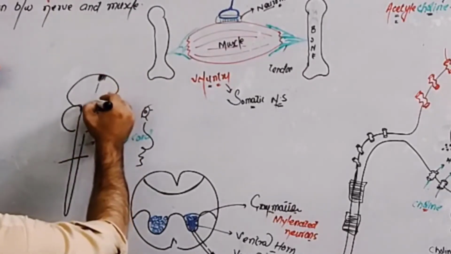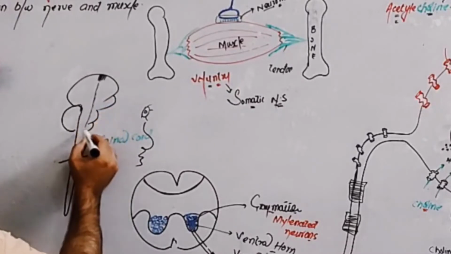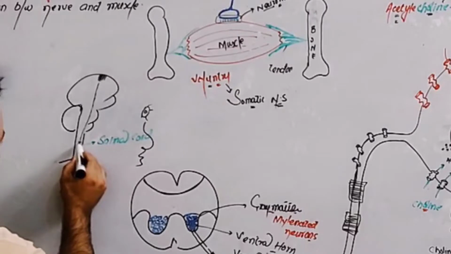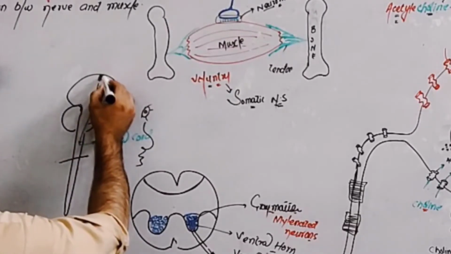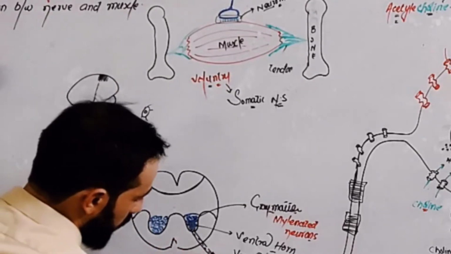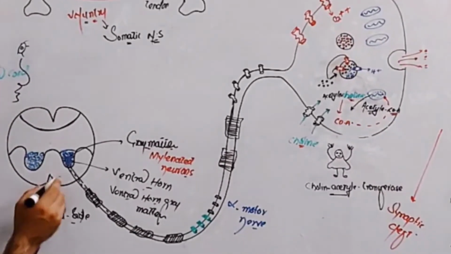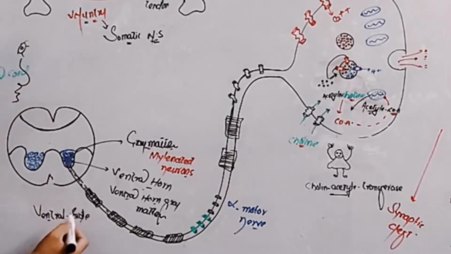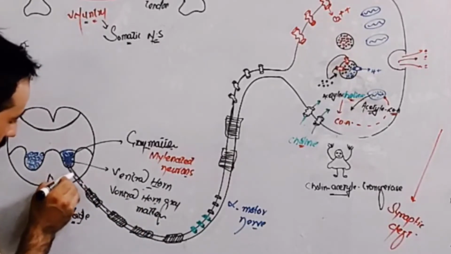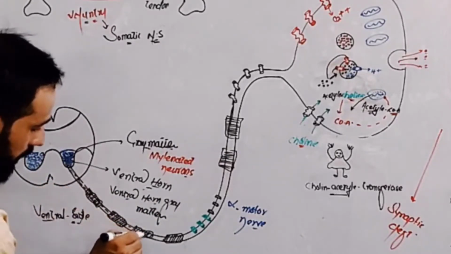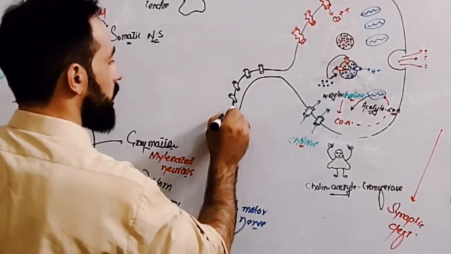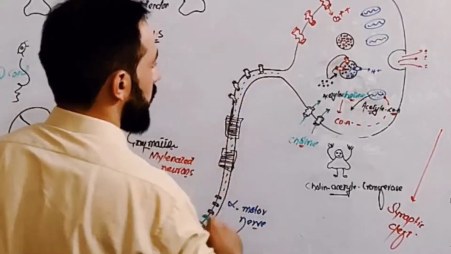When a motor impulse comes towards the anterior gray horn, when the anterior gray horn receives the motor impulse from the motor cortex of your brain, what happens from there? An action potential is generated. From here, the ventral gray horn of the spinal cord, that action potential is generated, and this action potential sweeps on the cell membrane of this nerve and comes up to the nerve ending.